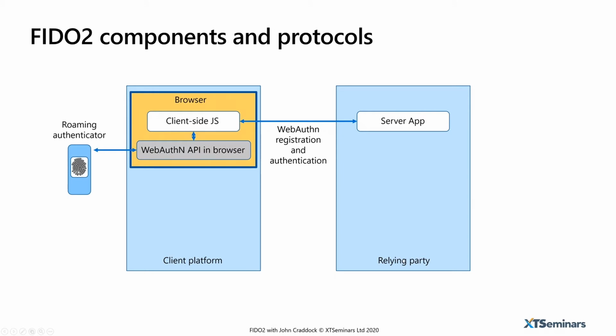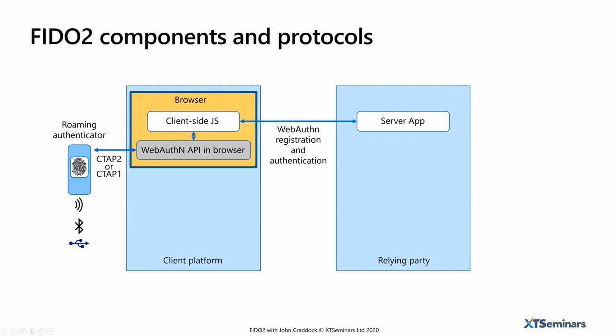That roaming authenticator could be a FIDO2 key, and it could be a FIDO2 key that is supported by USB, Bluetooth Lite, or near-field communication. To talk to the key, it uses a protocol called CTAP. If you're talking to a FIDO2 key, that is CTAP2, and CTAP stands for Client to Authenticator Protocol.